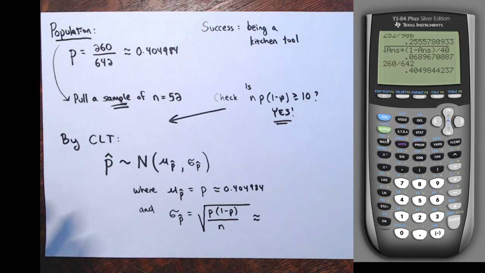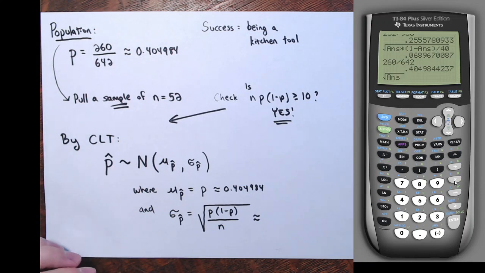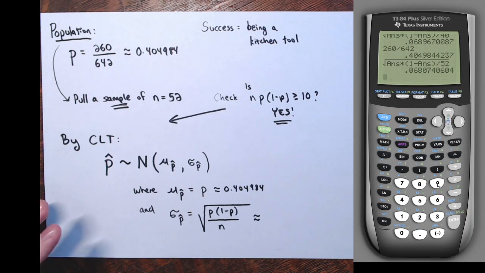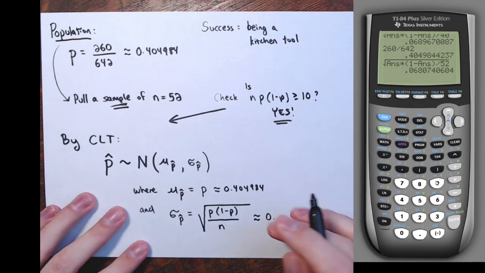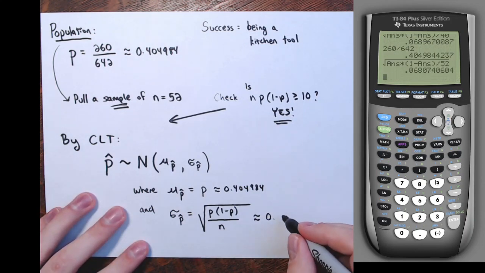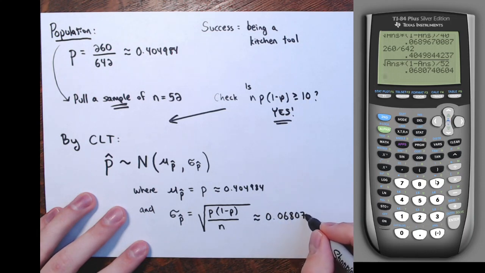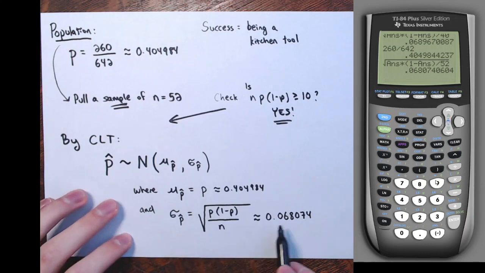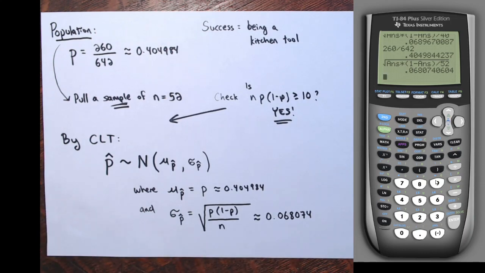So I'm going to go square root of p times, in parentheses, 1 minus the previous answer, and then divided by the sample size, which is 52. Make sure all of that is under the square root. So we're getting approximately 0.068074, a standard deviation of about 0.068.